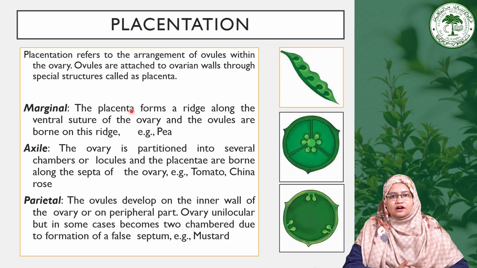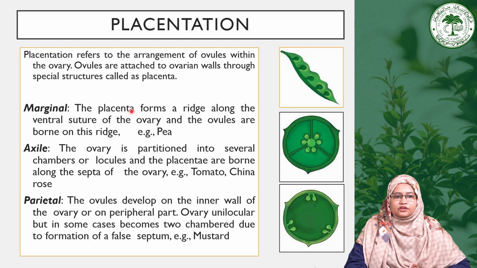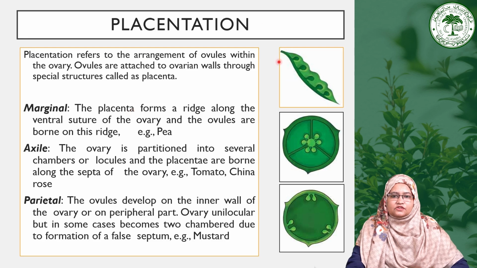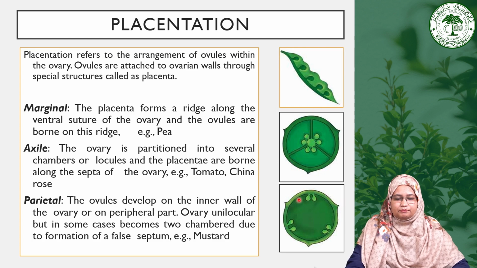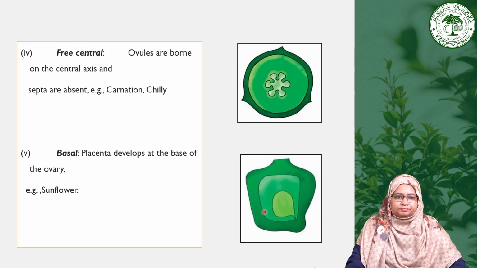And if we see the arrangement of ovules in these locules, it may be marginal, as in case of pea plant, in which ovules are arranged at the margins, or it may be axile, when the ovary is divided into many chambers and the ovules are present at the center. When the ovules are present at the periphery and the ovary is unilocular, it is termed parietal, as in case of mustard or cucurbits.